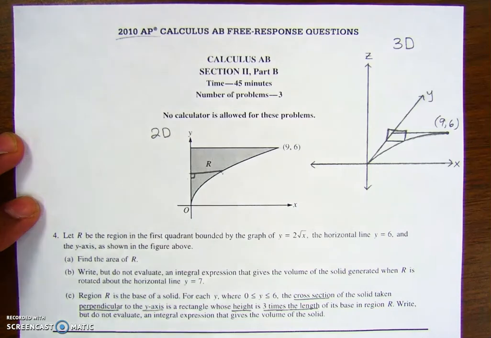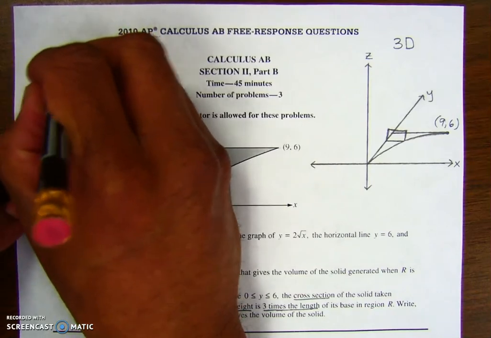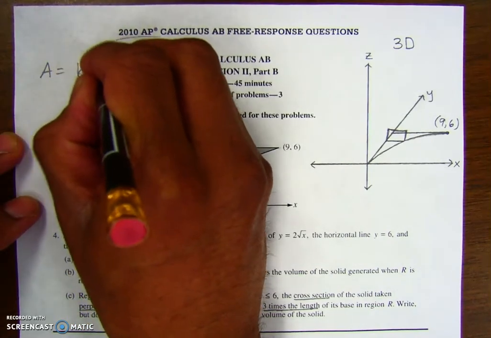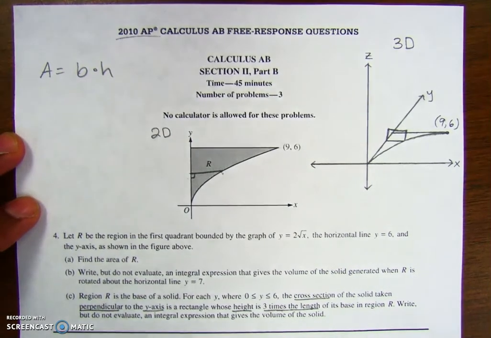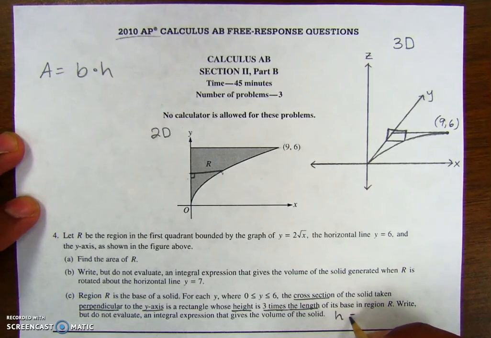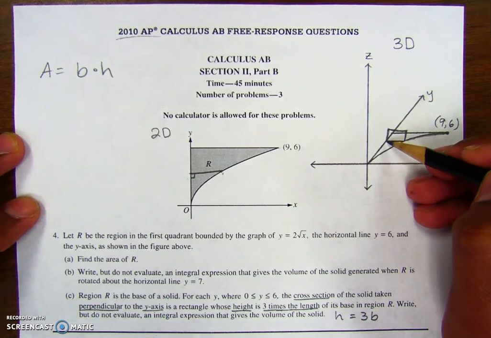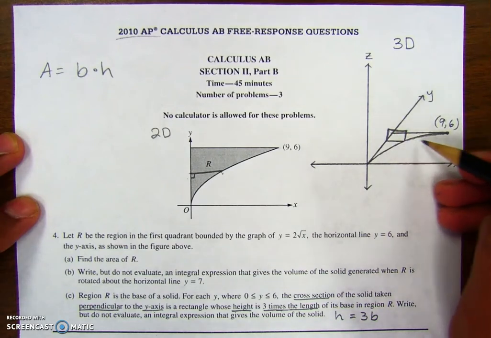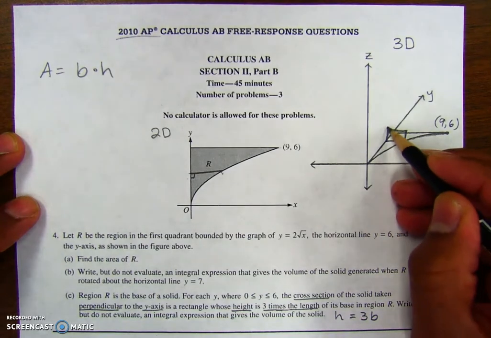Okay, what is the area for a rectangle? Area of a rectangle is base times height. Okay, but we know something. Right here, the height is 3 times the length, so height is pretty much 3 times the base. Instead of saying length times width, I'm saying base times height.